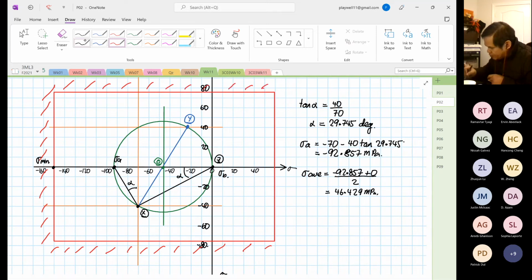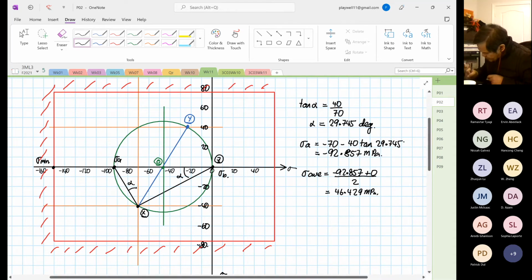So if we were to calculate our stress Y, this angle is also alpha, so this is 2 alpha also, right?